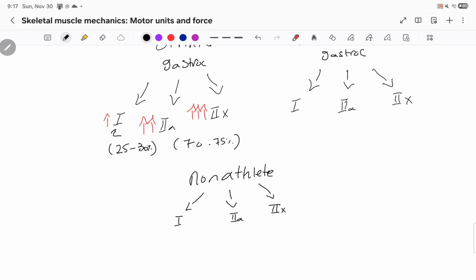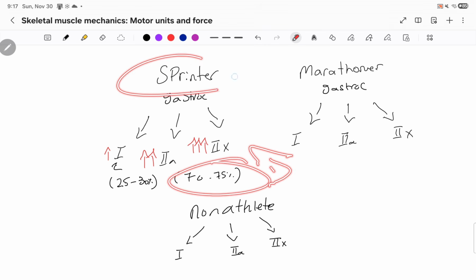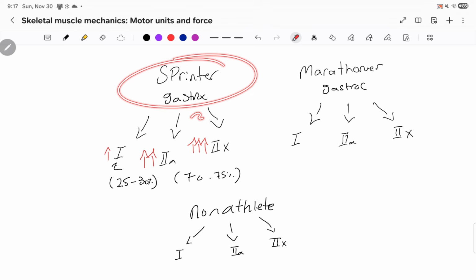And so this represents the percentage of fibers in this individual's gastrocnemius muscle, right? That is type 2. The 25 to 30% is the percentage of this individual's gastrocnemius that is type 1 fibers, right?